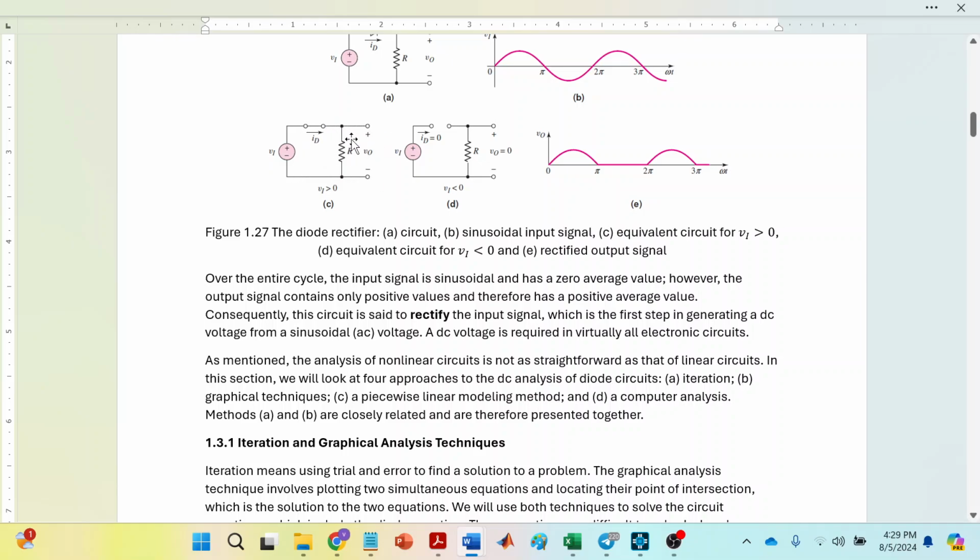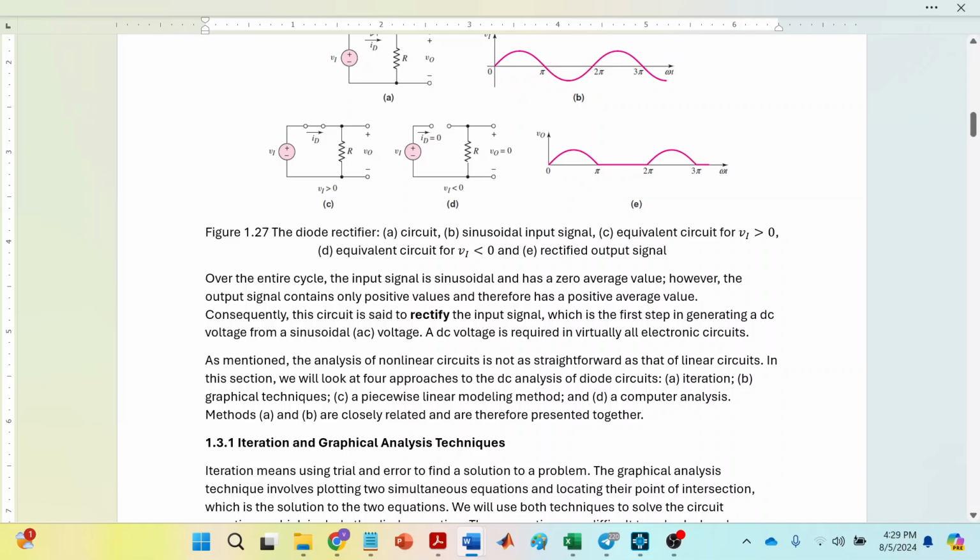So it's called a rectifier circuit, and it is a first step in converting an AC voltage to a DC voltage. As we mentioned previously, the topic is to analyze diode circuits, and it's not as straightforward as linear circuits.